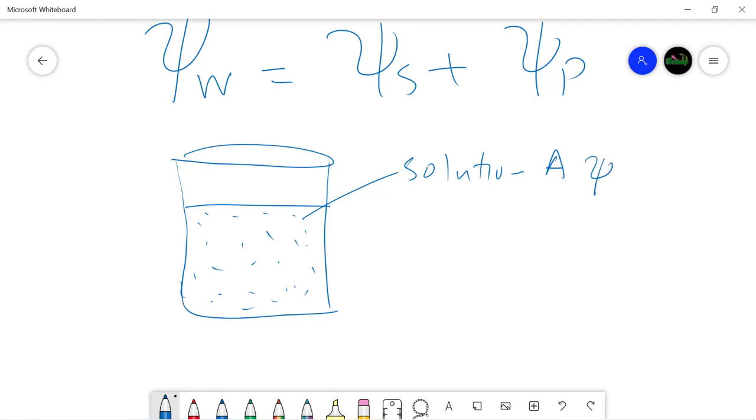So water potential is equal to minus 10 bar. For the time being, we are going to use bar as the pressure unit instead of Pascal or megapascal.